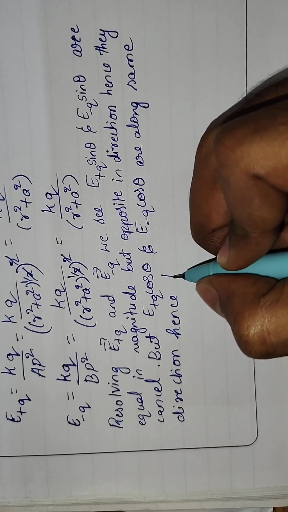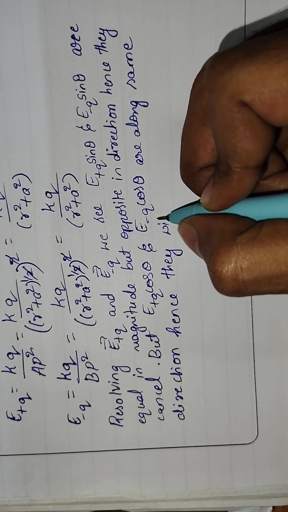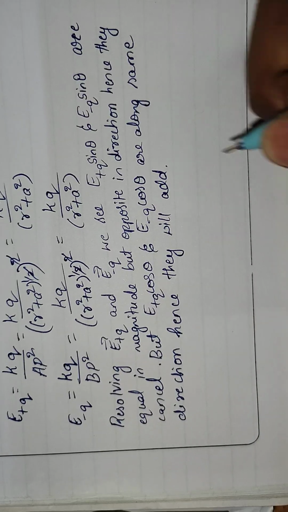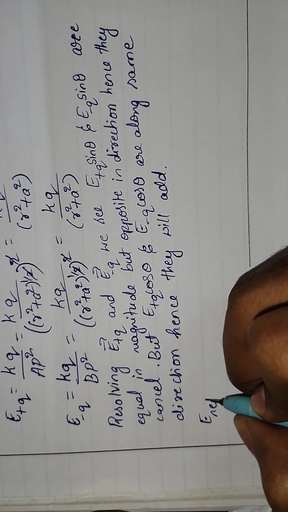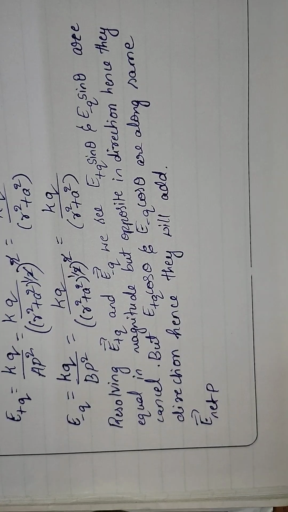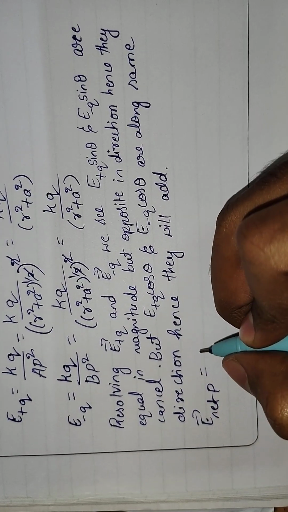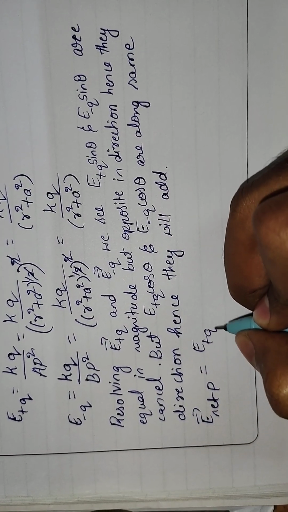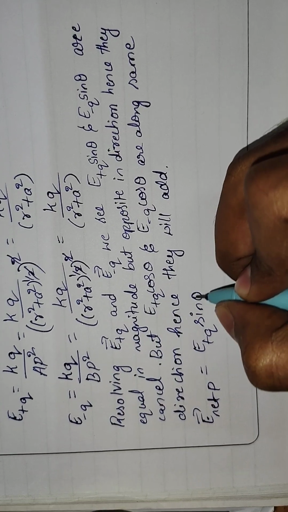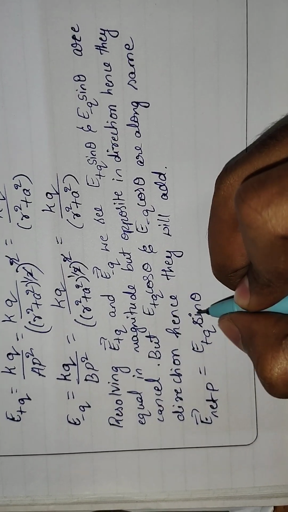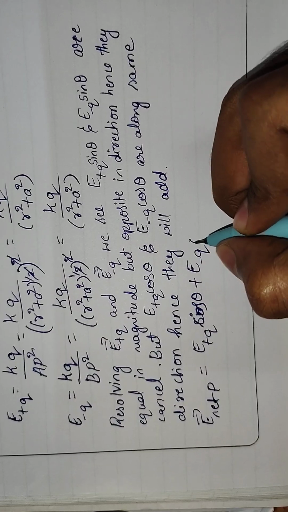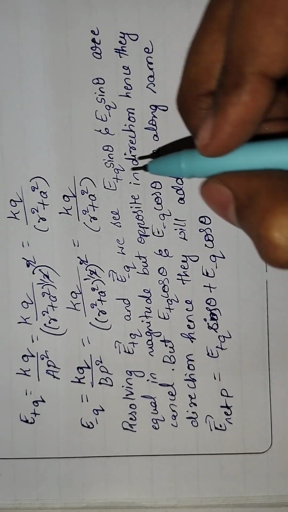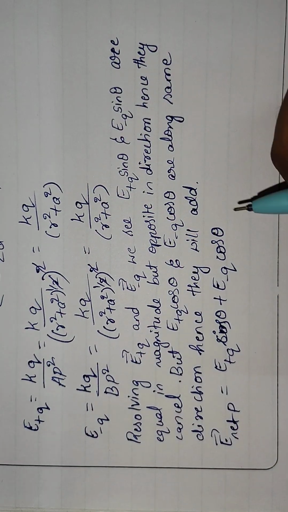hence they will get added. Okay, now can you tell me what is the net electric field at point P? It is nothing but E plus q cos theta plus E minus q cos theta. We have already proved that E plus q is equal to E minus q.